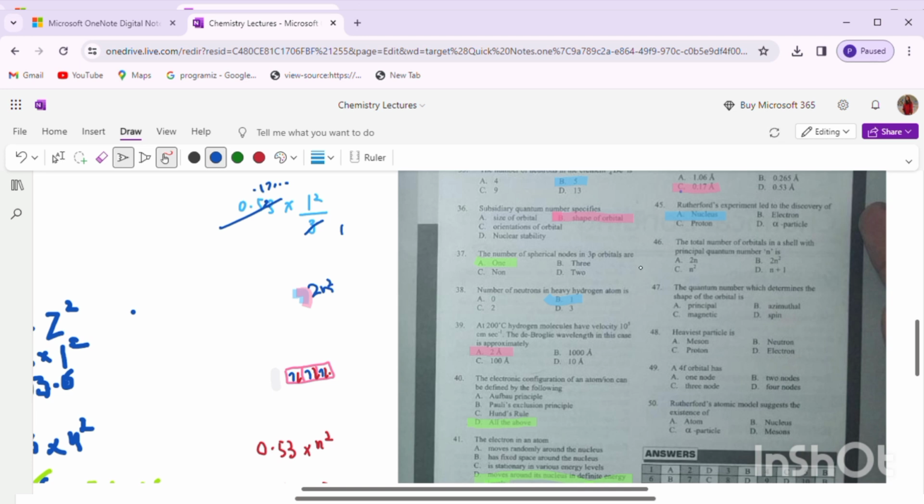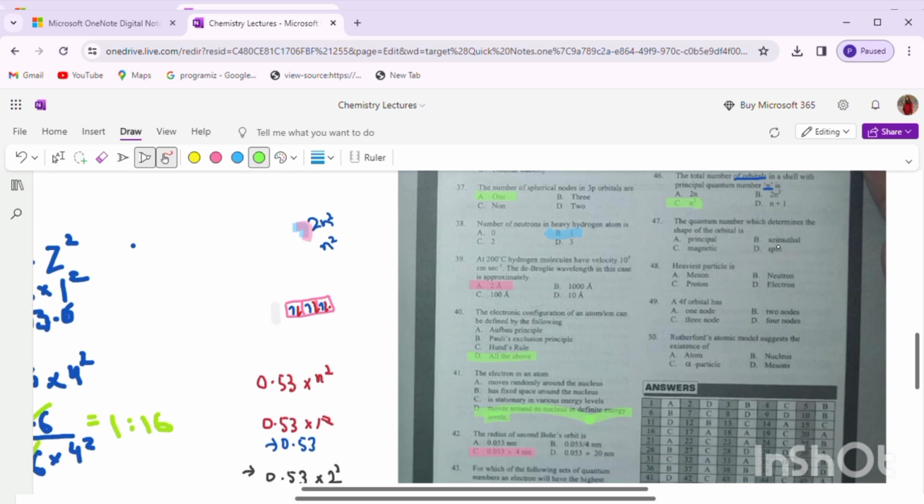But when we are finding the orbitals in a shell n, this formula becomes n square, right? So our correct option here is C. The formula would be n square.